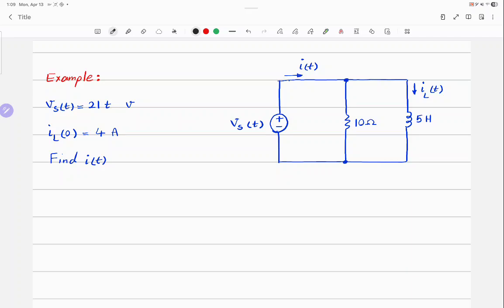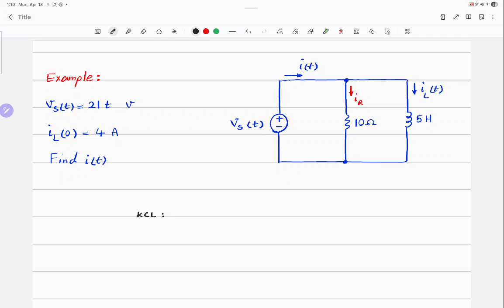So this question is asking you to find I. How do you find that? KCL. Okay, so let me do this. Let's call this current IR. What is KCL? Tell me KCL.